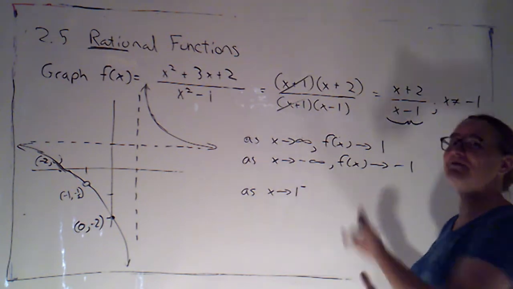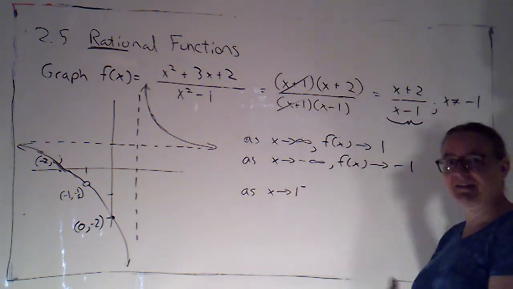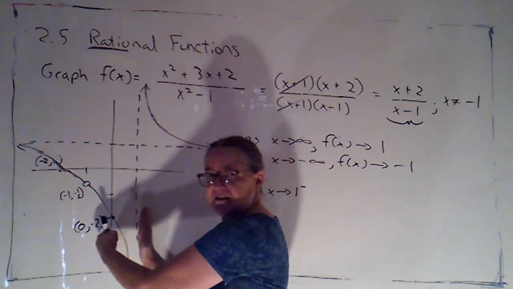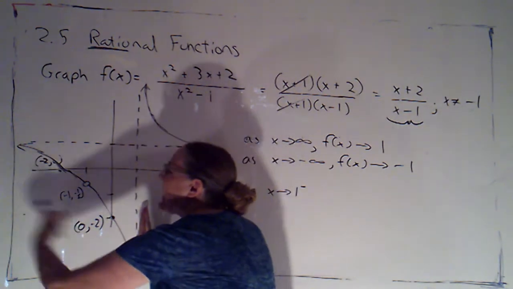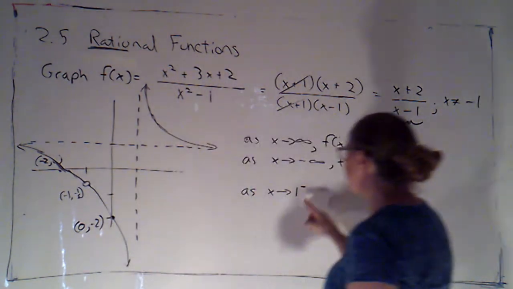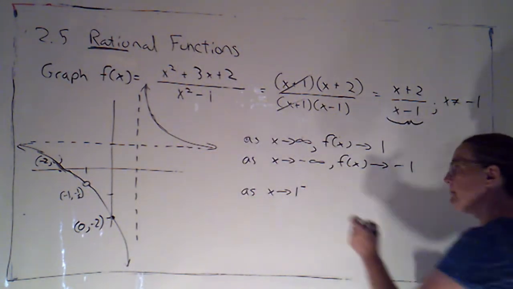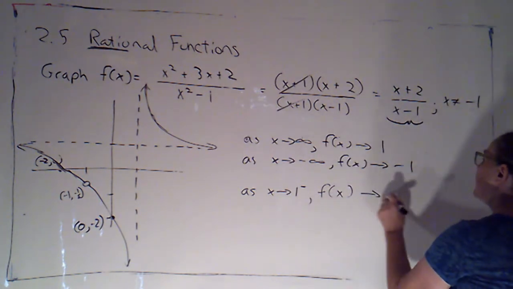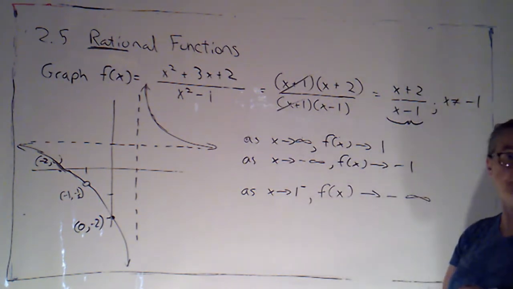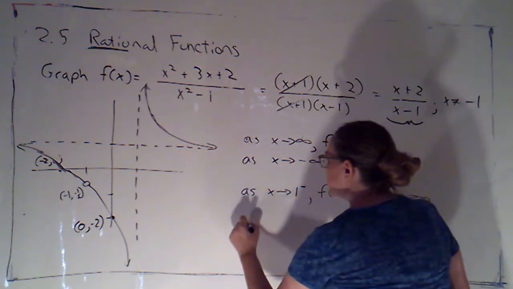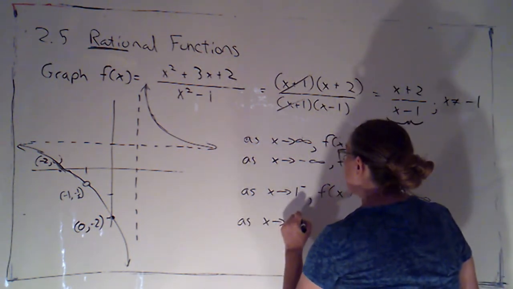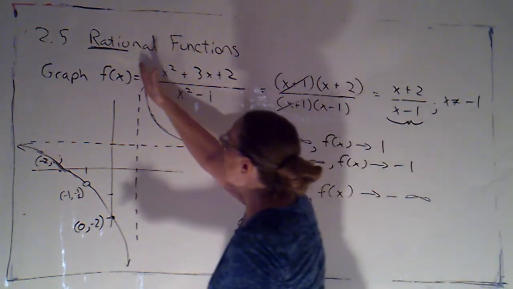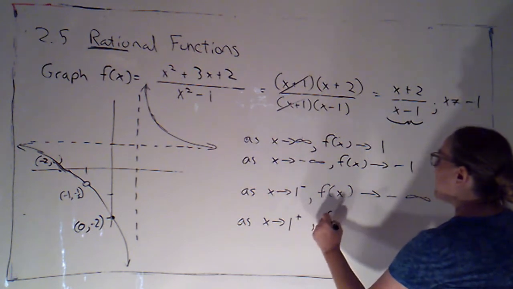The convention is we use a negative for the left and a positive for the right. Now obviously if I'm close to 1, I'm in the positive area, but I'm coming from the negative side of the number line. So this means we're getting close to 1 from the left. And then I can say f of x, that's my y values, is going to go to -infinity. And as x goes to 1 from the right, that's the positive side of the number line, what happens to my y values? They go off to infinity.